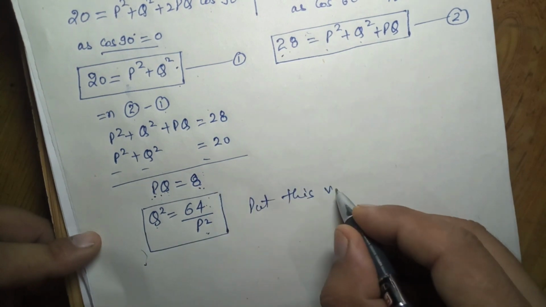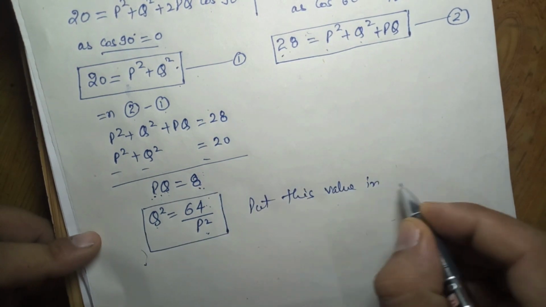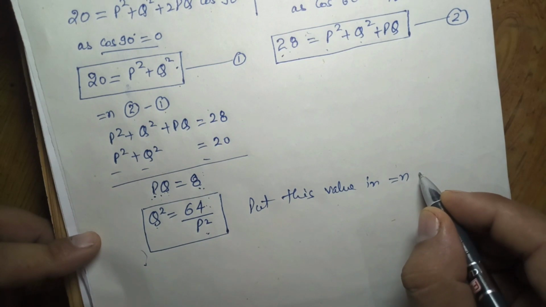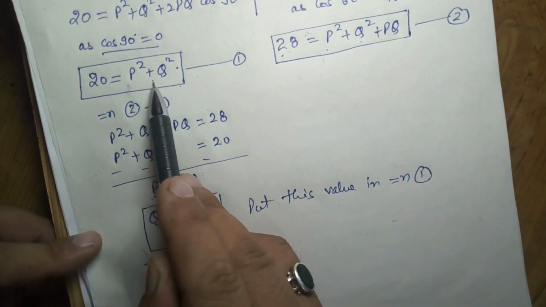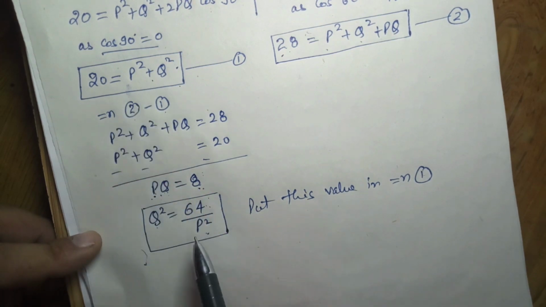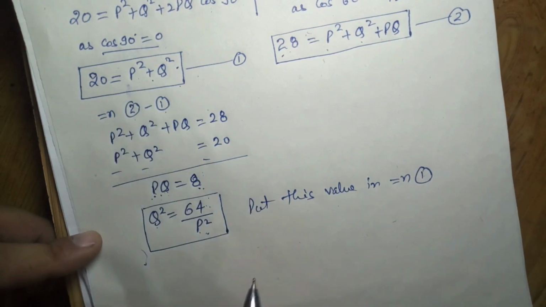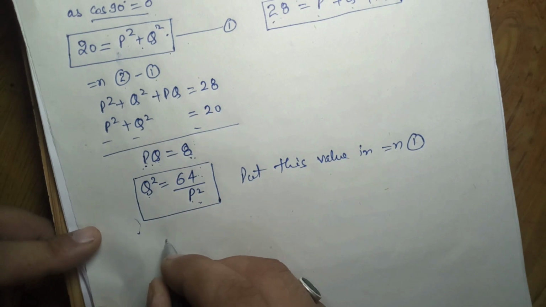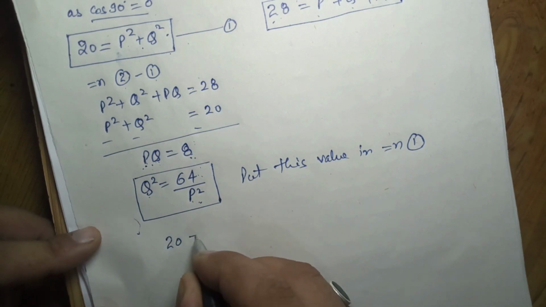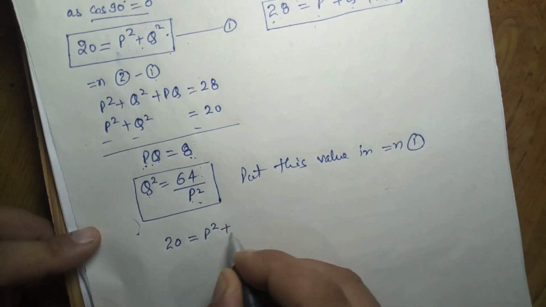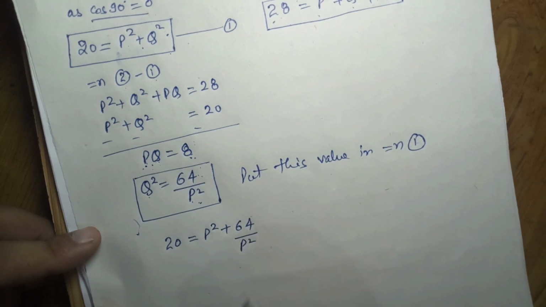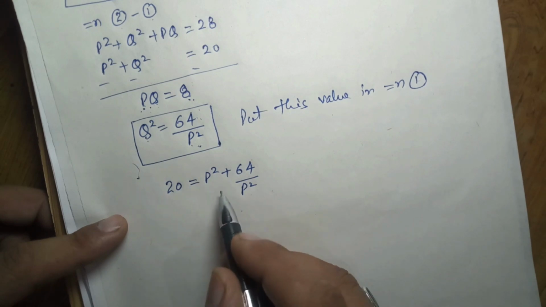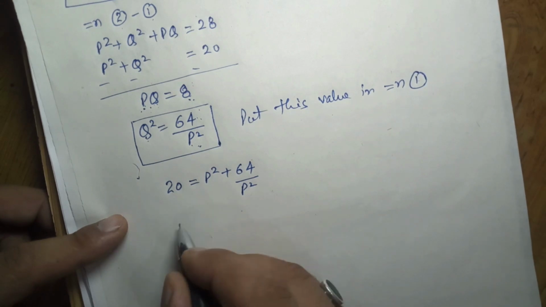Now put this value in equation number 1, as in equation number 1 only one unknown variable will be there. So we get 20 is equal to P square plus 64 divided by P square, right? Now we solve this equation.